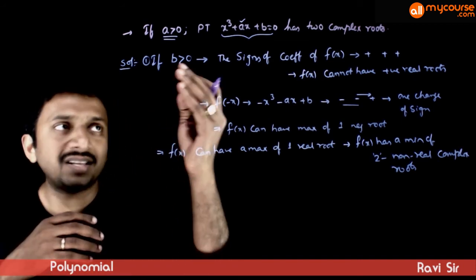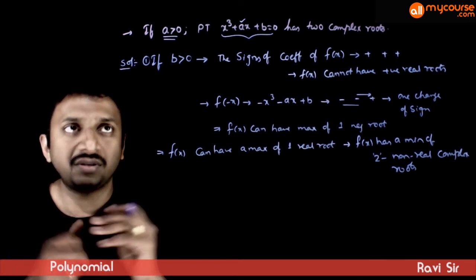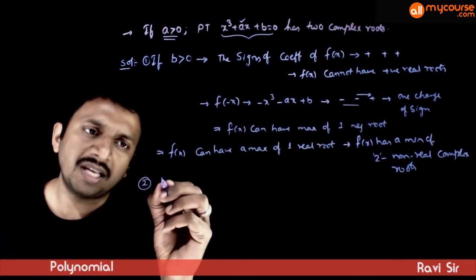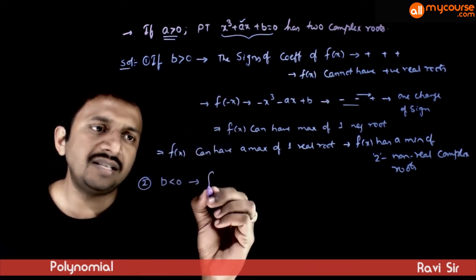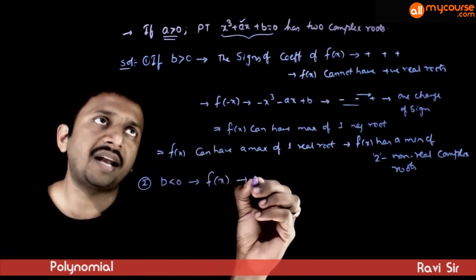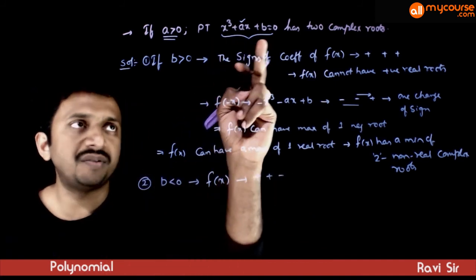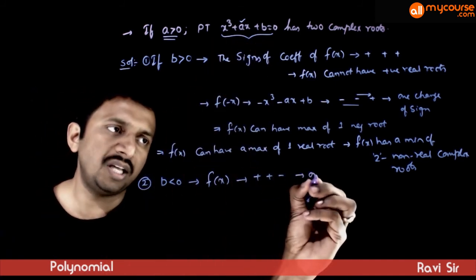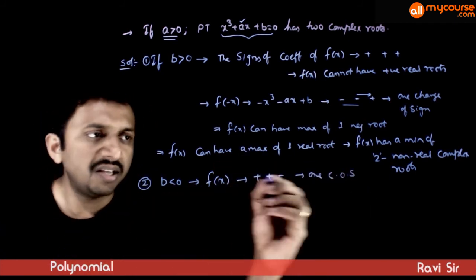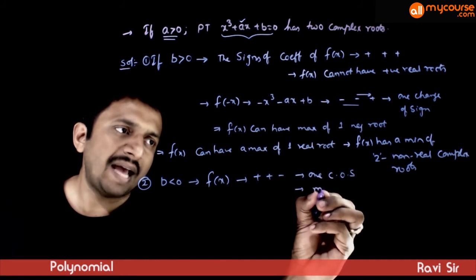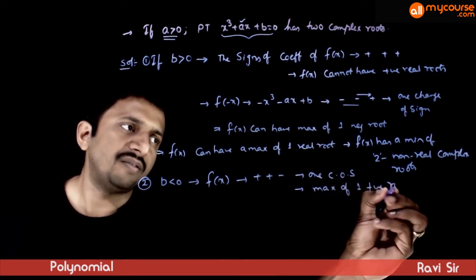So if b greater than 0, we have proved that this equation has 2 complex roots. Next, what if b less than 0? If b less than 0, the signs of f of x are plus, plus, minus, positive, positive and negative. So one change of sign. This implies a maximum of one positive root.